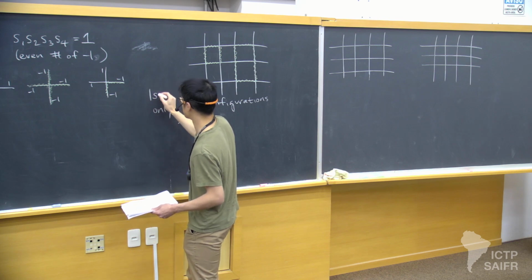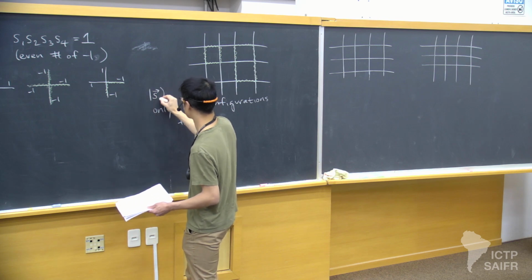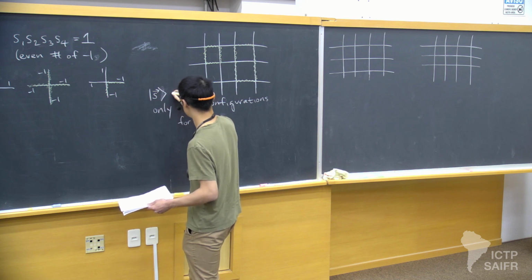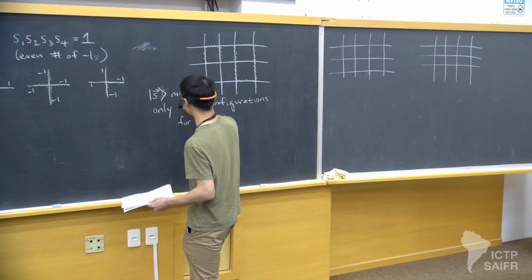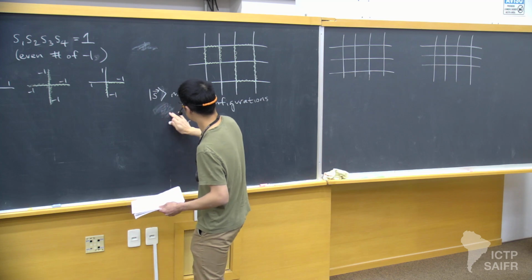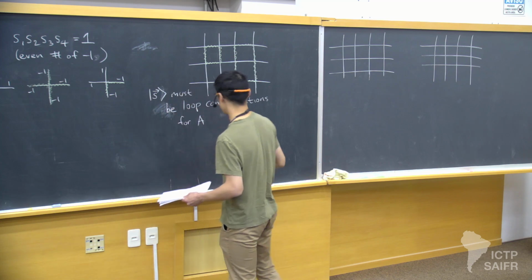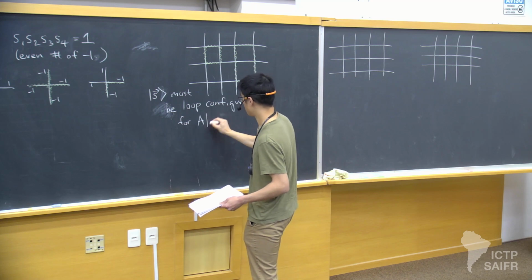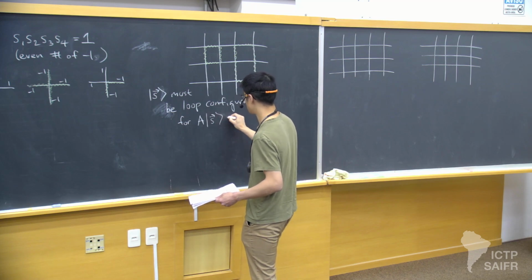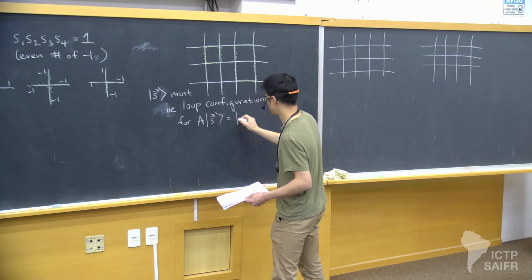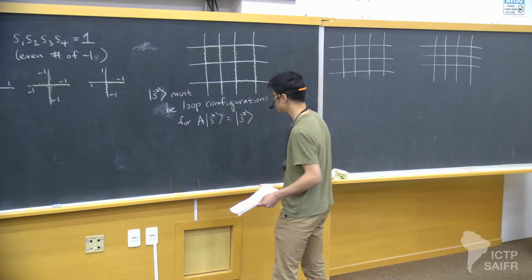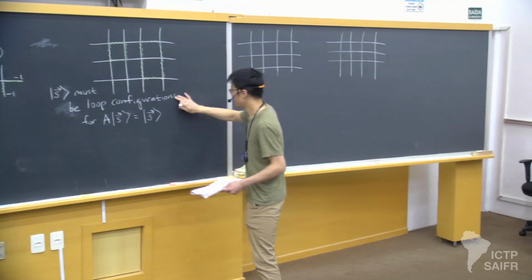Some general spin configuration must be a loop configuration for AS to have eigenvalue 1.